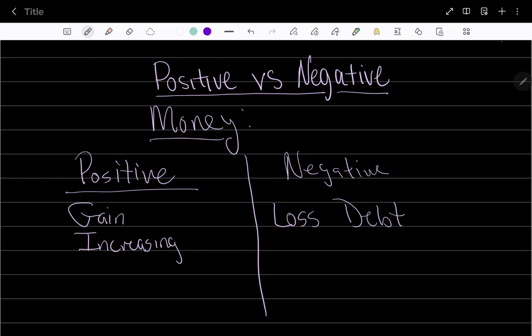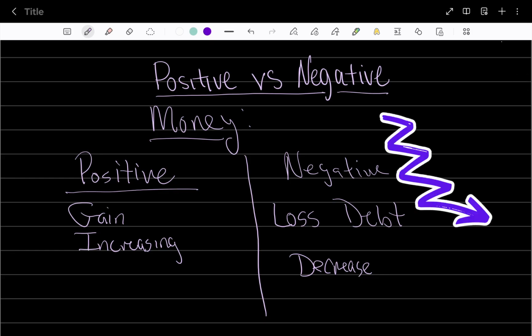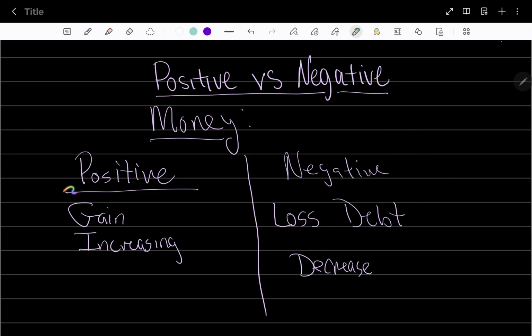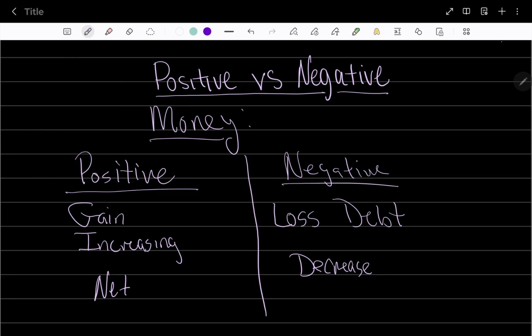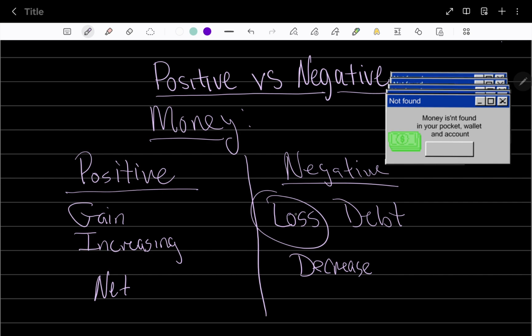And when you hear about negative numbers with money, you hear about loss, debt, decrease. Now, with positive money, that typically means that you have net gain. With negative money, it's a loss.